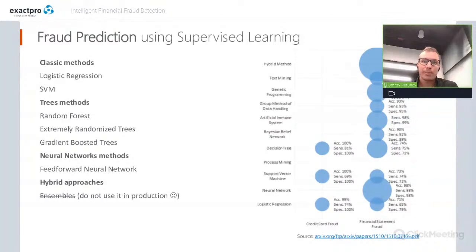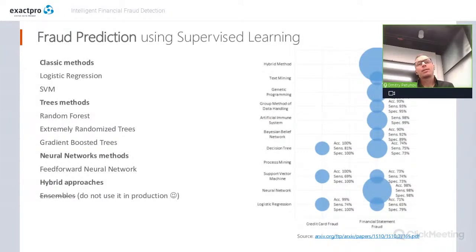It is the sensitivity metric on the picture. And you can also see that the number of legitimate transactions marked as good is close to 100%. And it is the specificity metric on the picture.